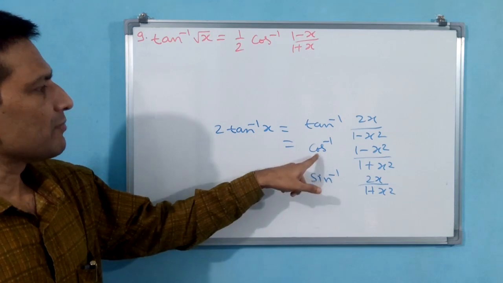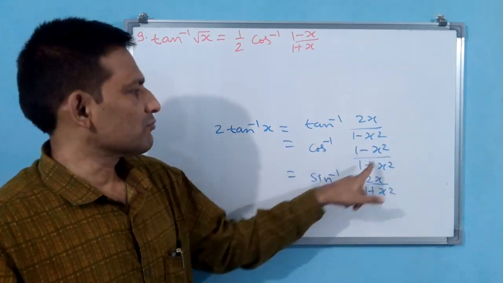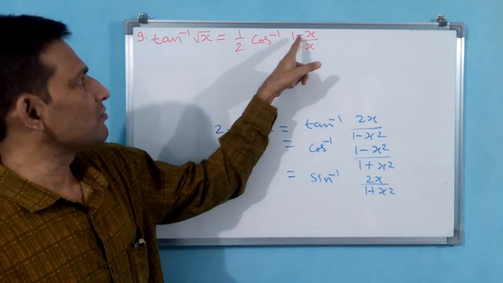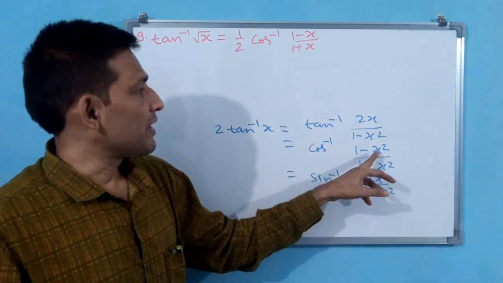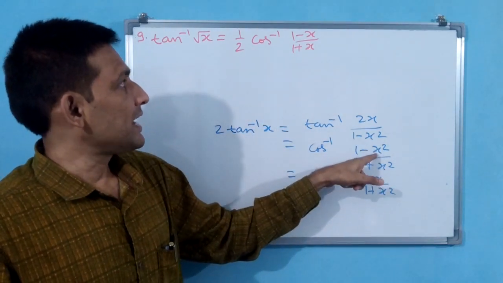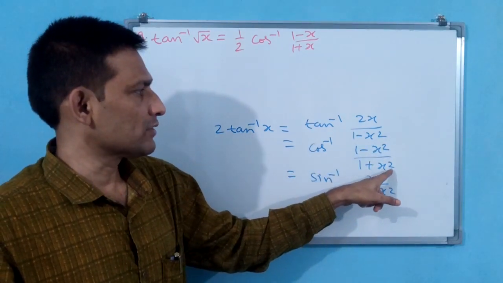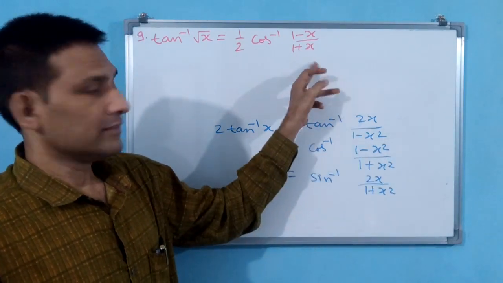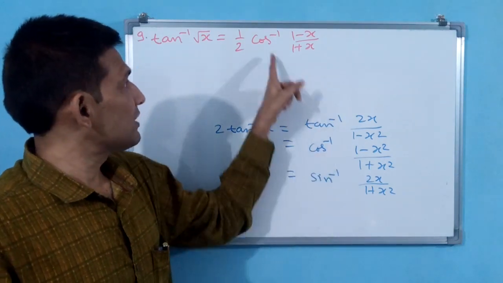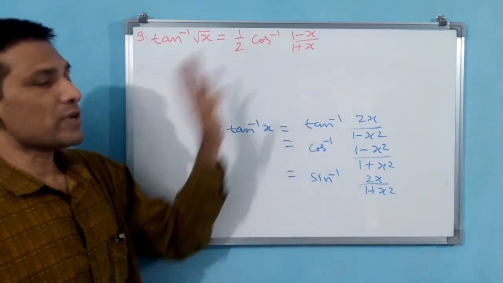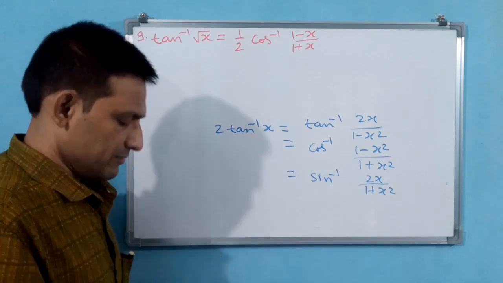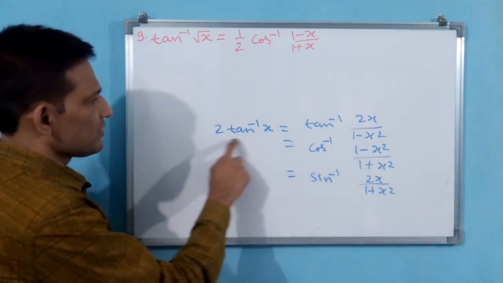If you compare this formula, cos inverse (1 minus x square) by (1 plus x square), you see cos inverse (1 minus x) by (1 plus x). If I put x as root x, then root x square by 1 plus root x square, then this is going to become your 2 tan inverse root x. That's what I want to say. Now I am taking this 2 tan inverse x.